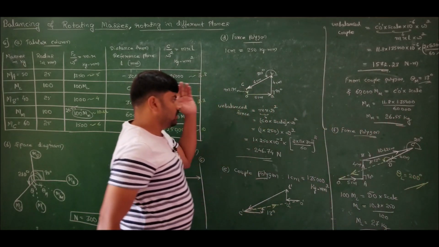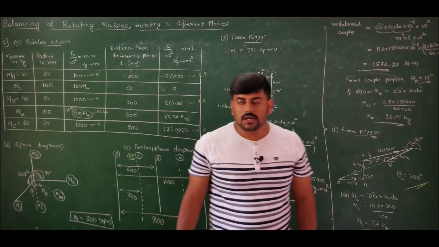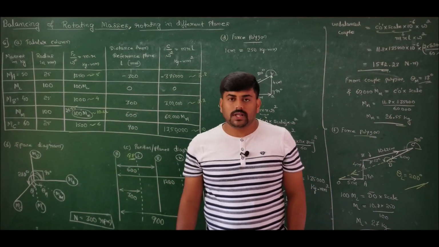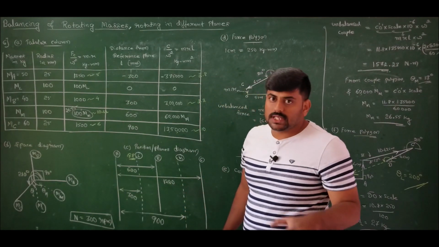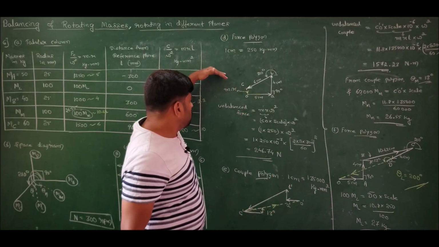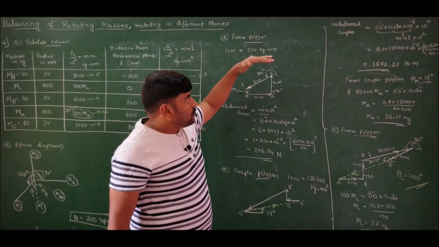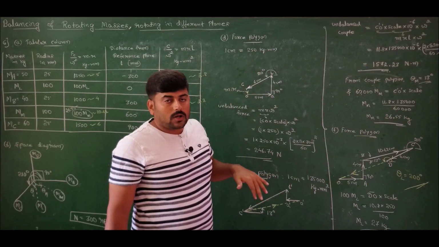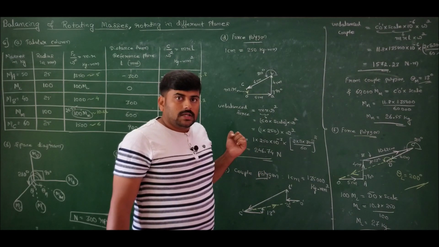So this is the complete solution for problem number 6 of our discussion on balancing of several rotating masses in different planes, wherein we have calculated initially the unbalanced force and unbalanced couple. Then the problem has become a regular or conventional problem, where we want two external masses to balance the system dynamically in equilibrium.